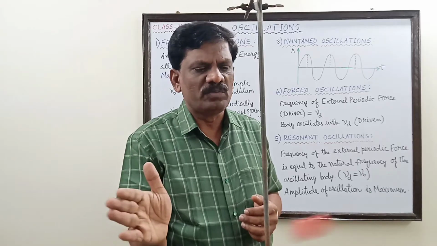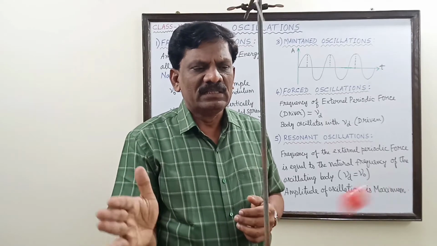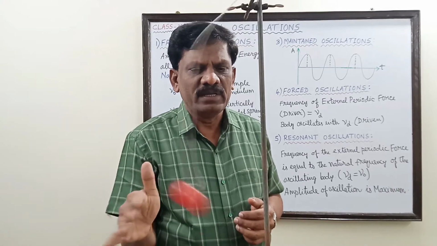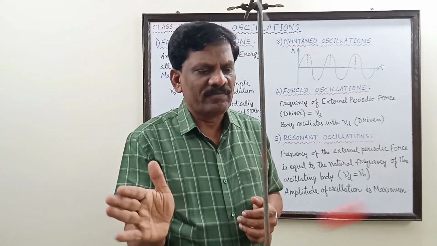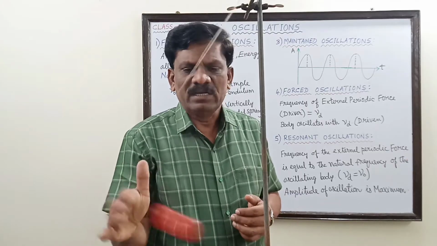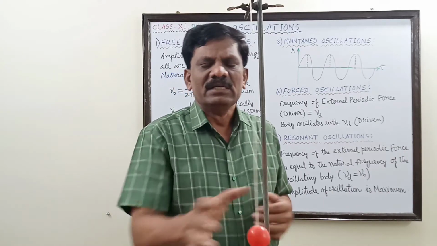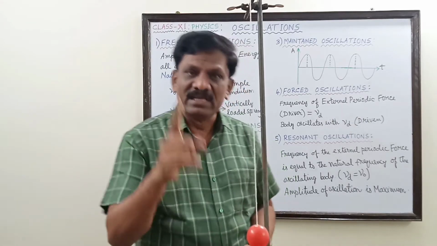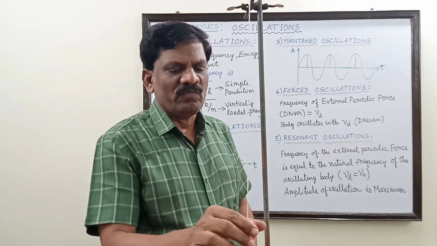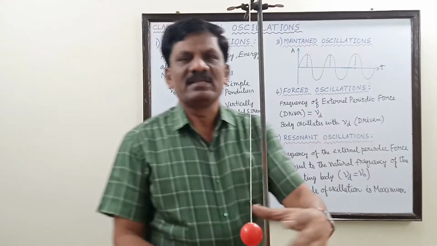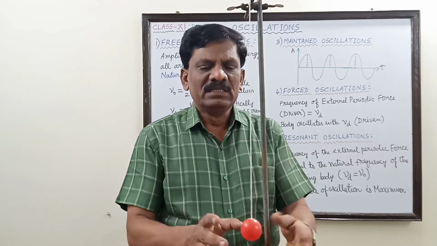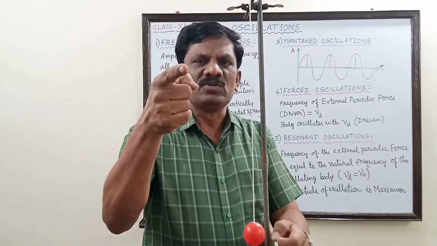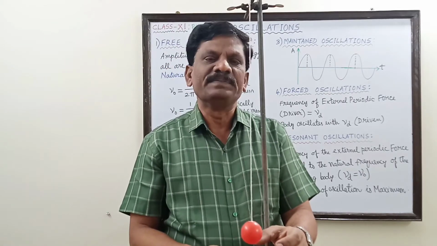Now, if it happens to be equal to that of the oscillating system, then the amplitude of oscillation will be very large. You can observe like this. Such oscillations are called resonant oscillations. So, when is the oscillation said to be resonant oscillation? When the frequency of the external periodic force is equal to the natural frequency of the system.